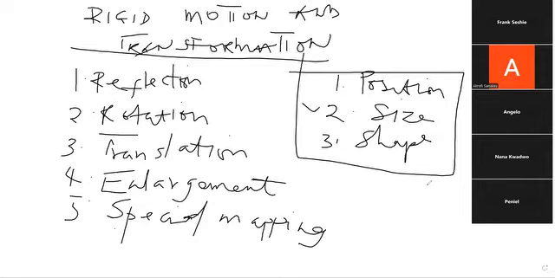The object is the original. Then after it has undergone some changes, whatever we get is the image. So the image is the transformed object.